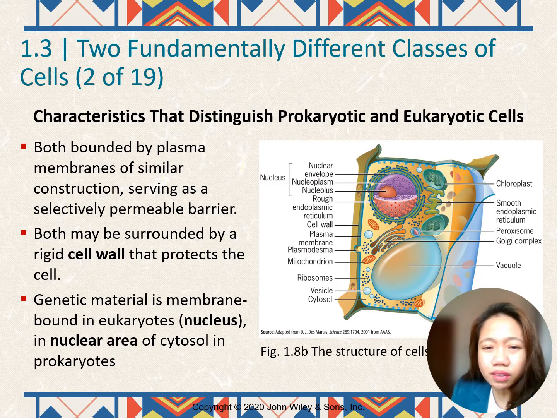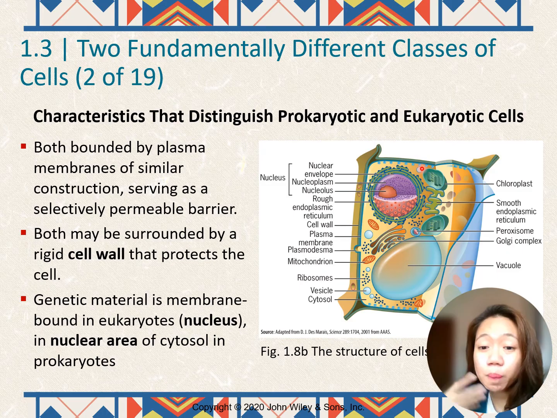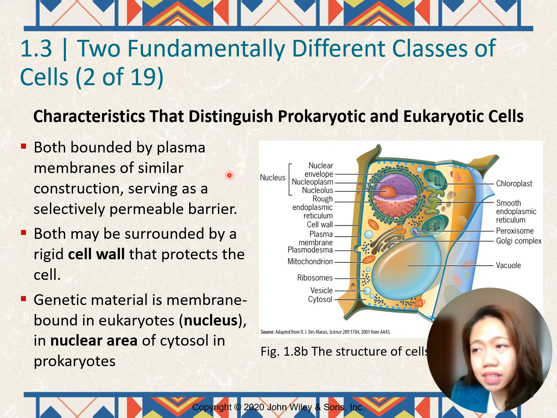Okay, so looking back at what a eukaryotic cell would look like, eukaryotic cells are quite sophisticated, or quite complex is a better term, in terms of their structure. One similarity is that they have a plasma membrane, which still serves as a selectively permeable barrier.